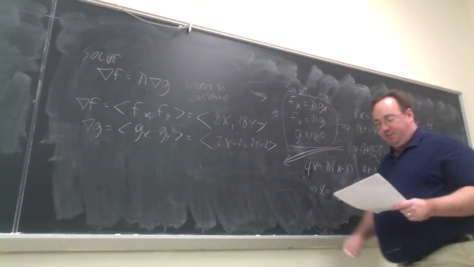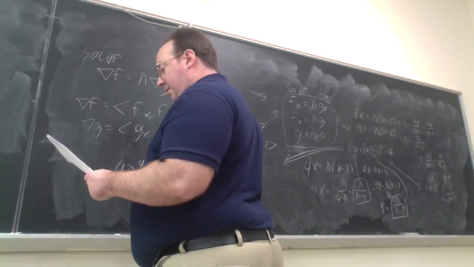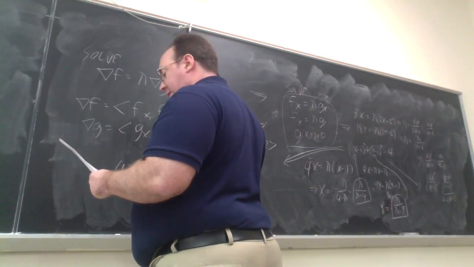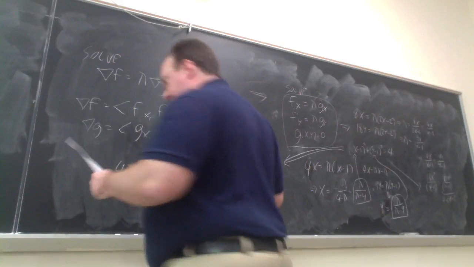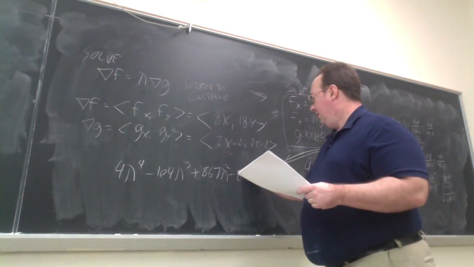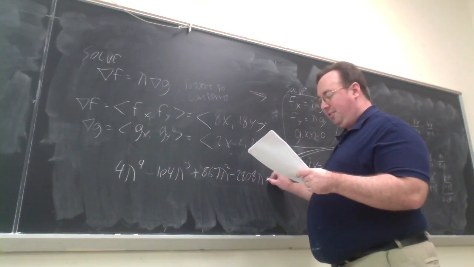what you get is this equation. 4 lambda to the 4th minus 104 lambda cubed, 7 lambda squared. Something you'd want to have one of those fancy calculators on hand to solve.